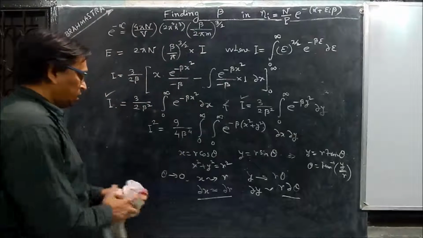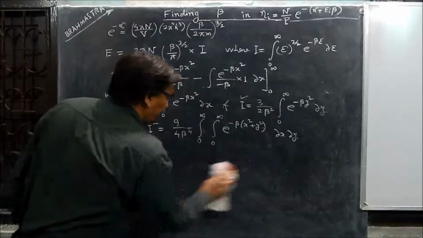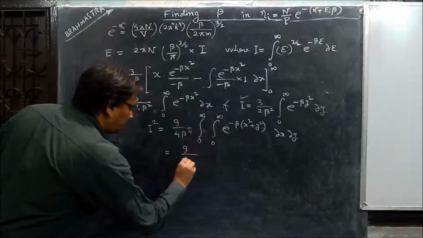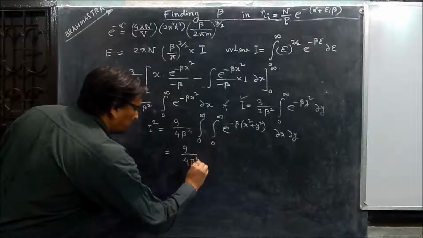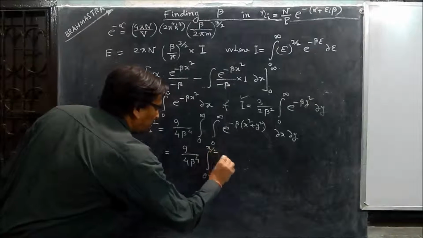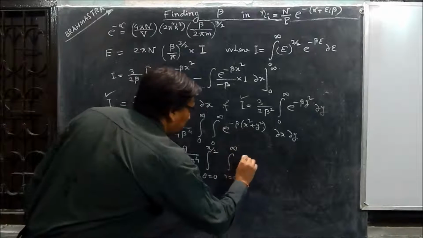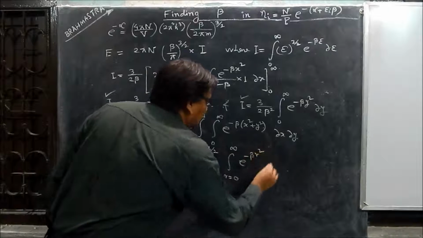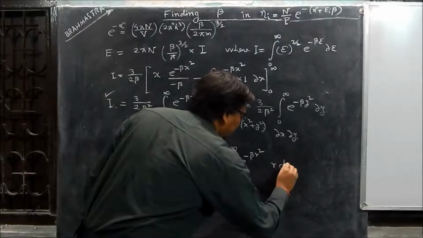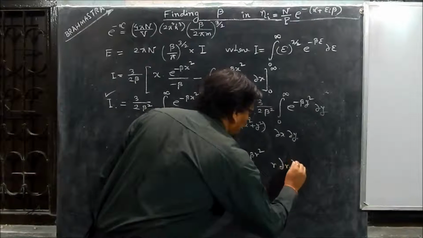So transforming this with the Jacobian, you will get this result: I square equals 9 by 4 beta to the power 4, theta from 0 to pi by 2, and r from 0 to infinity, e to the power minus beta r square, r del r del theta.